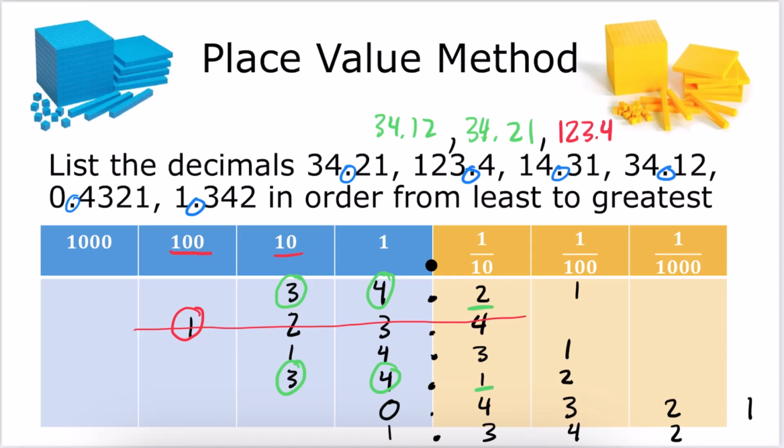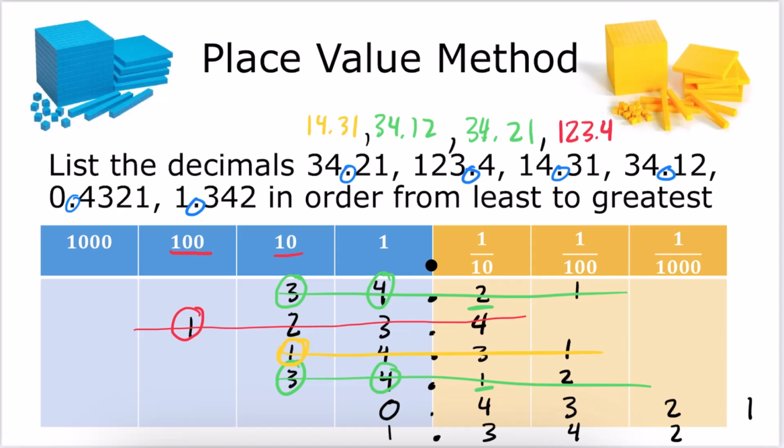And I'll go ahead and cross those off as well so that I don't get those mixed up with the stuff I've already listed. So then I say, okay, well, the next biggest number is going to have to be this one because that's the only number that's left that has any tens. So my next biggest number is 14.31, and that takes care of this number.